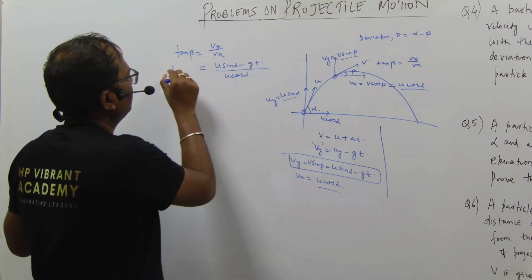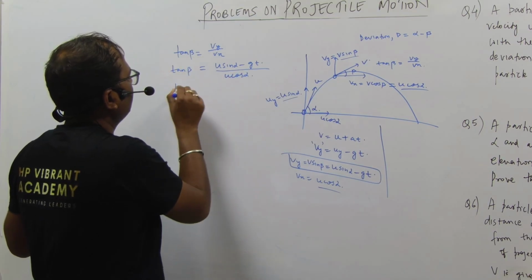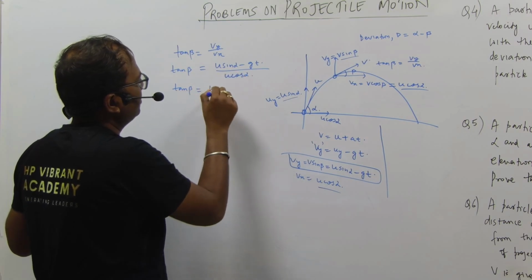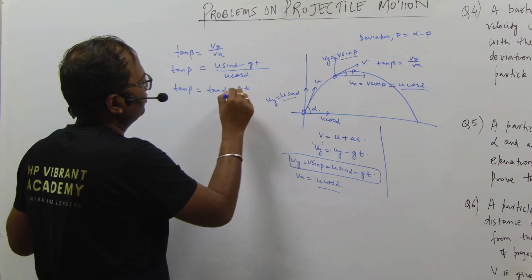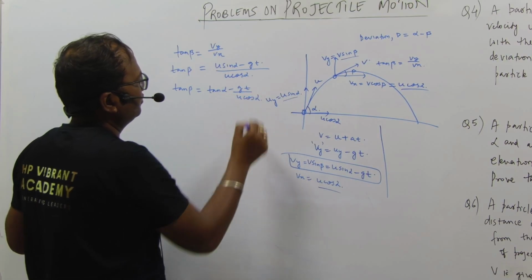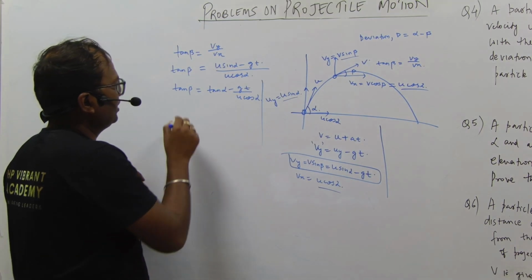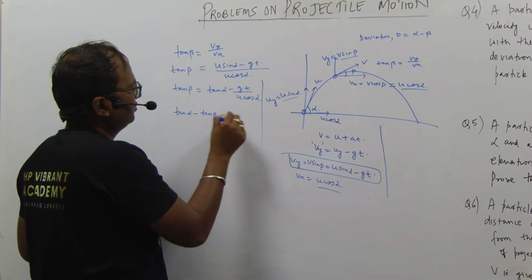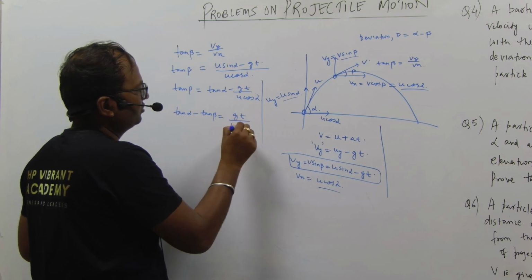This is equal to tan beta. So tan beta is equal to, this gets cancelled, so tan alpha minus gt upon u cos alpha. So we have tan alpha minus tan beta is equal to gt upon u cos alpha.